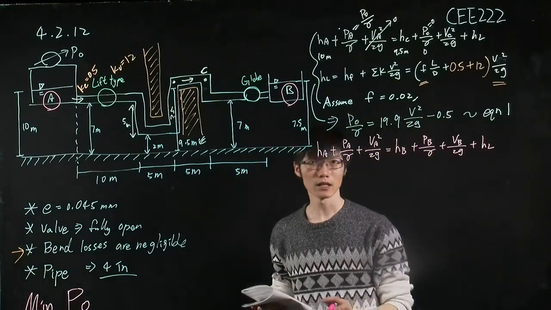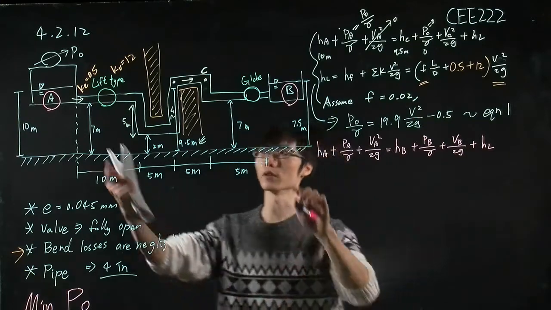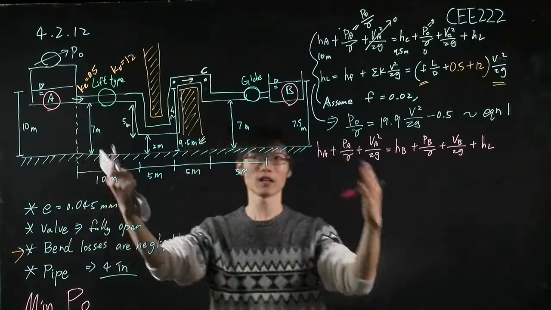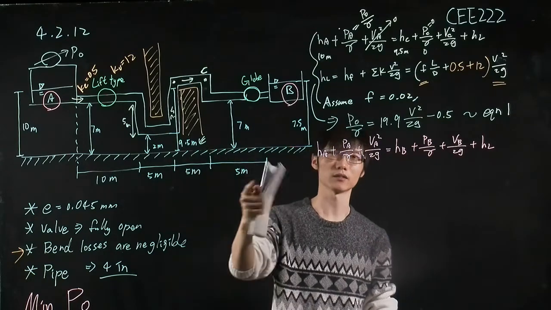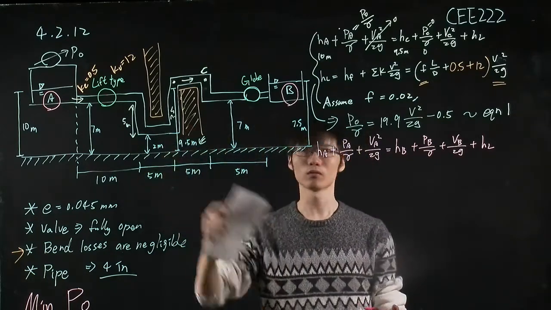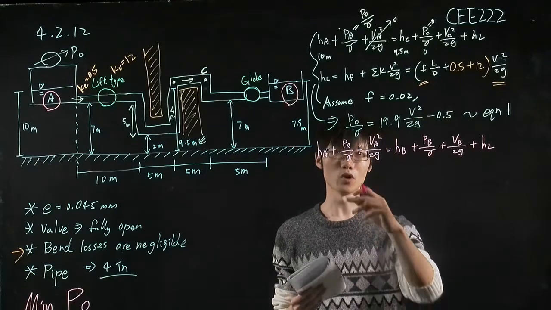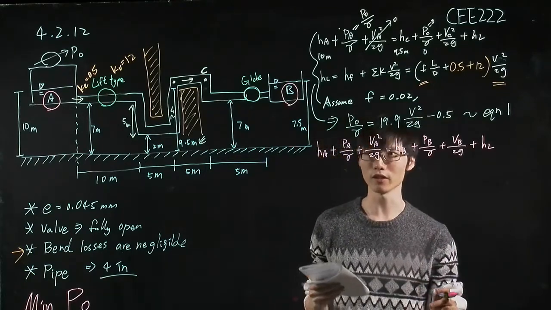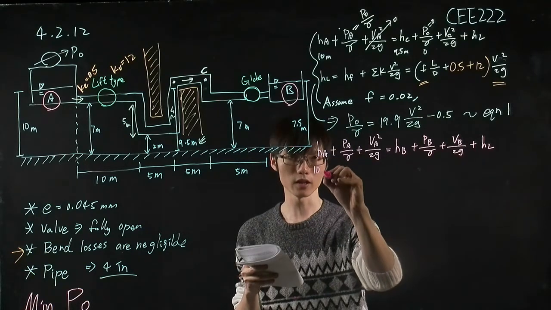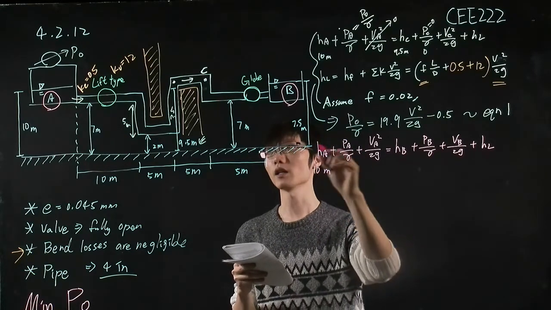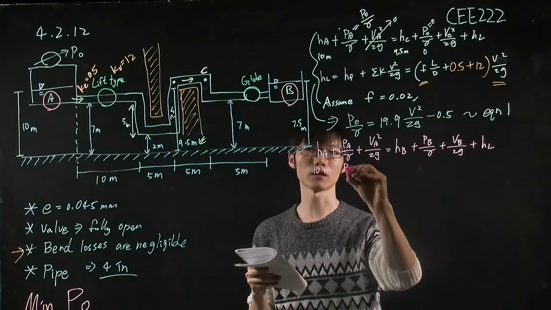Okay, this is the energy equation that we'll use for the A point and B point. Actually, you can apply it to any points in this pipeline, but by choosing these 2, we can simplify more terms in this energy equation. So as we already know, HA is equal to 10 meter, and this is the term that we try to solve.